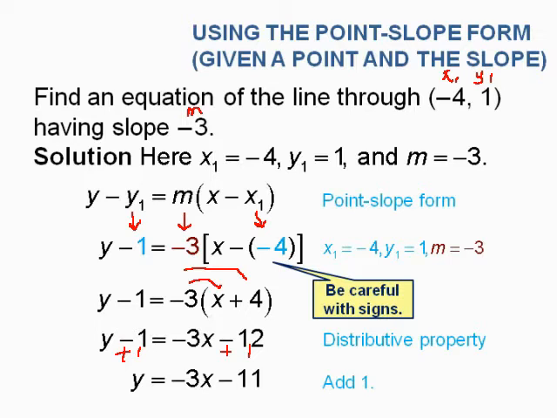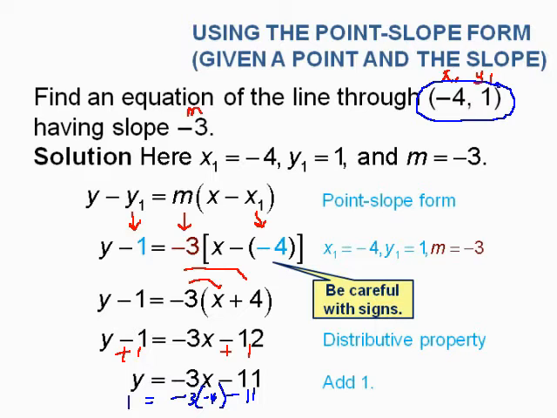Now another point to make here, no pun intended, get it, another point to make, is that we can take this point, -4, 1, plug it back into the equation we found and check to see if it makes sense. So let me plug in -4 down here for x and see if y comes out to be a +1.